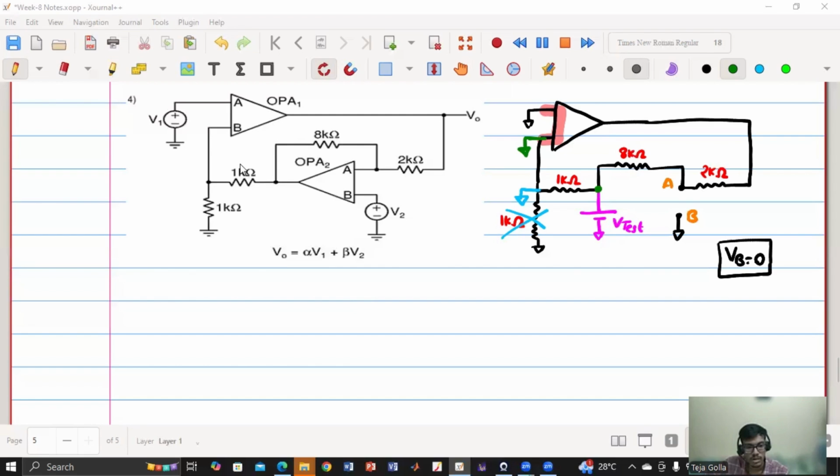VB is zero, so VA should be positive in any way. How can we say that? The difference is positive, sir. Like how can you say VA minus VB? VA is positive? Any logic that you are using here? Sir, as VB is zero here, VA can be positive, but it can be negative also, right?